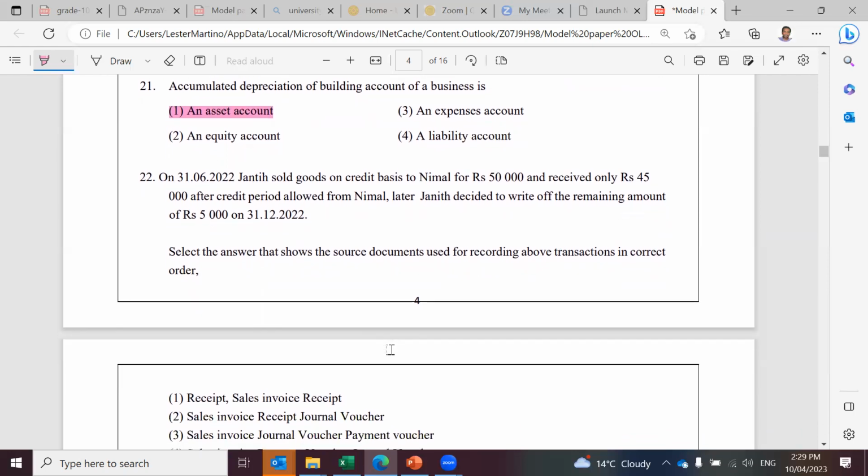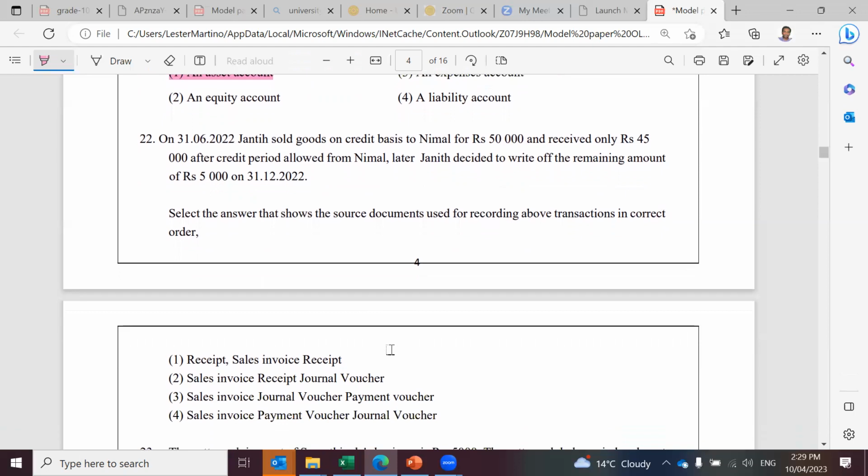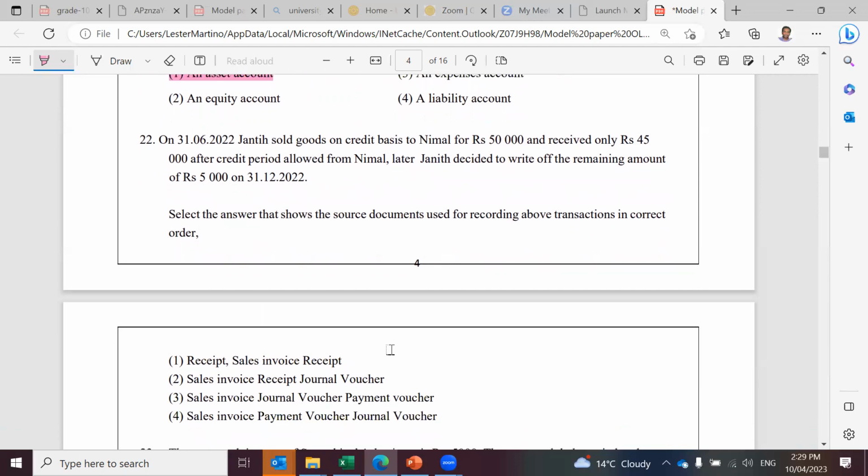So first one is credit sales. Second one is cash received from debtor. Third one is bad debts. Credit sales invoice, cash receipt. Bad debts is an adjustment, will be recorded in general journal. The supporting document is journal voucher. Clear?